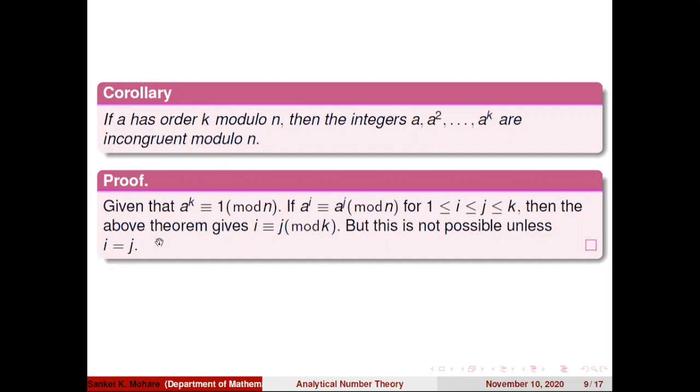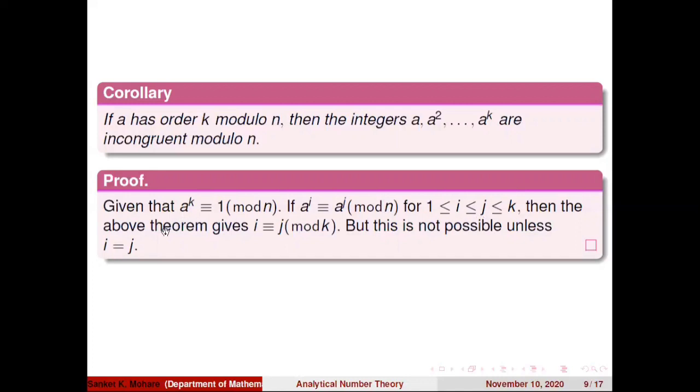So its proof is a simple one. As k is the order of integer a modulo n, a to the power k is congruent to 1 modulo n. And by the theorem, suppose a to the power i is congruent to a to the power j modulo n, where i and j lie between 1 and k, and i is less than or equal to j.